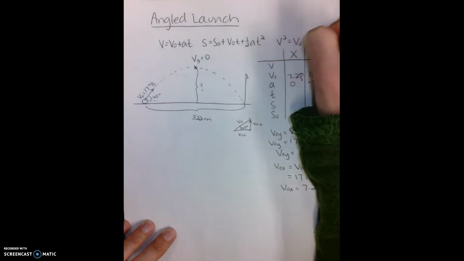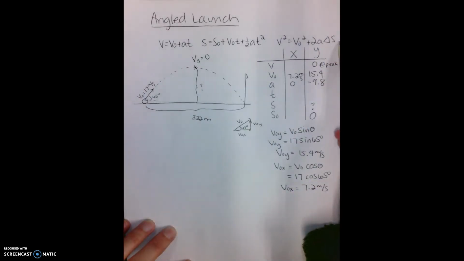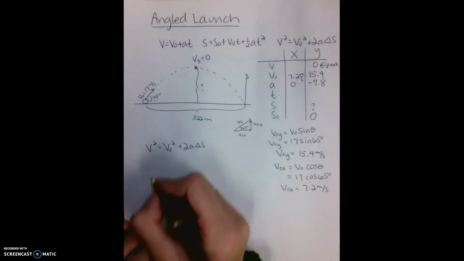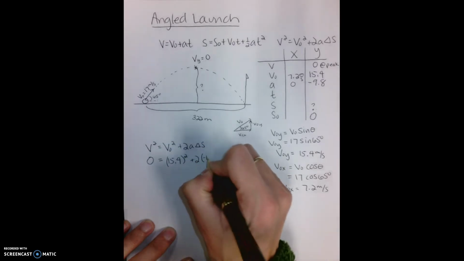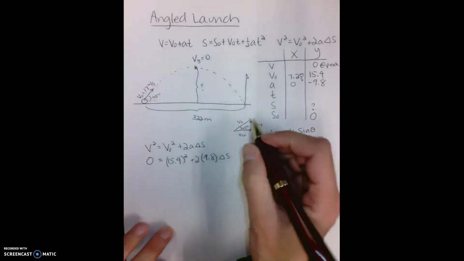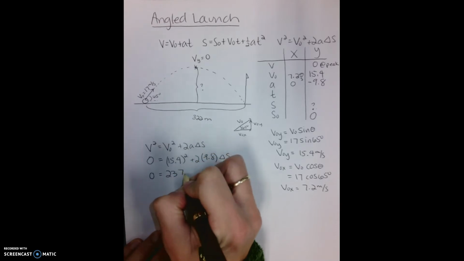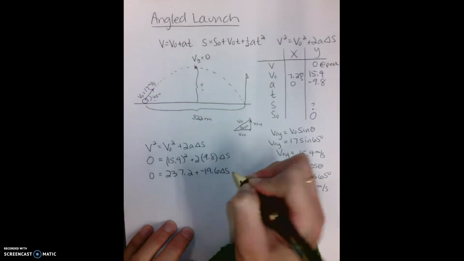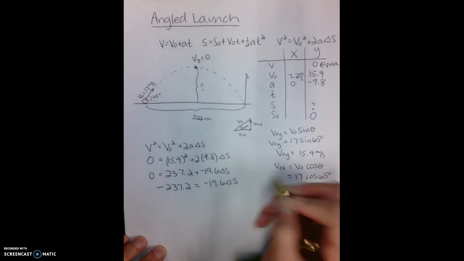And V squared equals V naught squared plus 2A delta S. If I use this third equation, I can find out how high it went because I'd be solving for delta S. So 0 at the peak is equal to 15.4 squared plus 2 times negative 9.8 delta S. 15.4 squared is 237.2, plus negative 19.6 delta S. I subtract 237.2, and that equals negative 19.6 delta S, and divide.